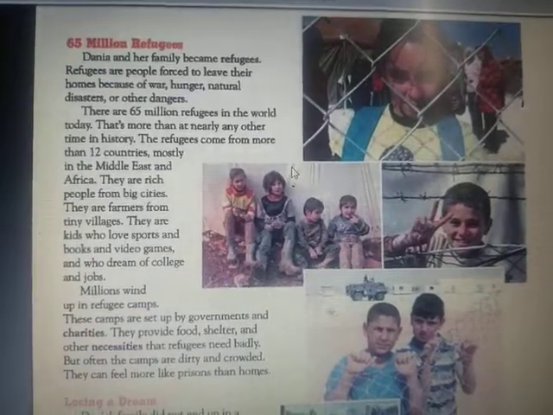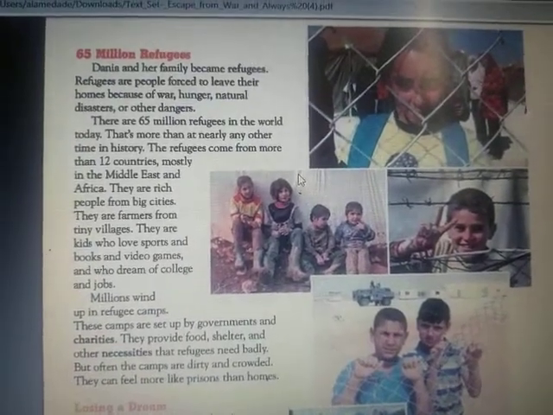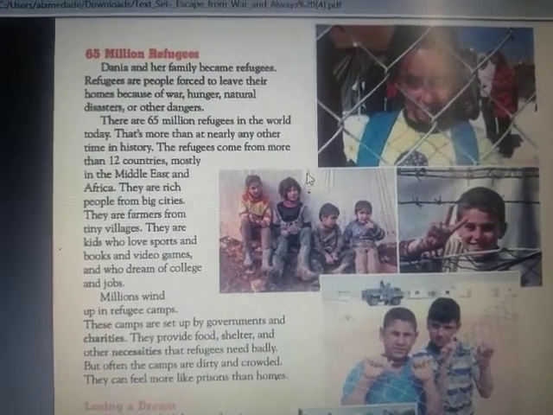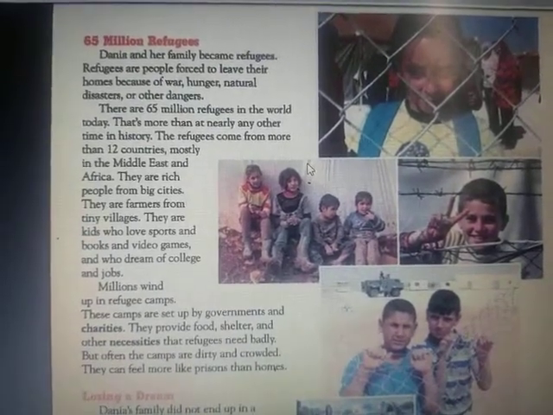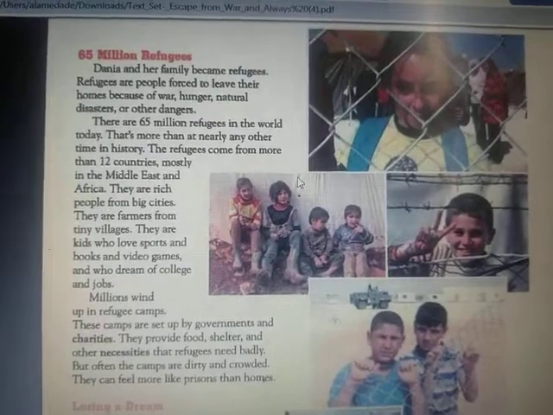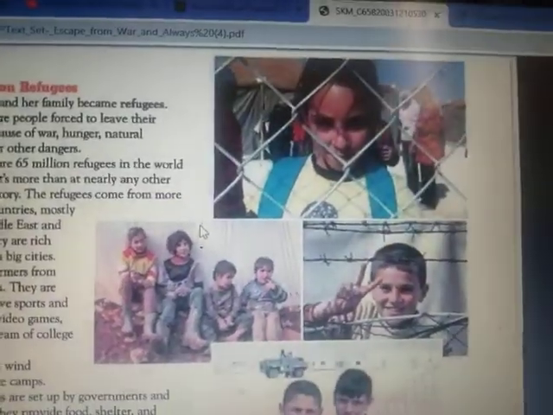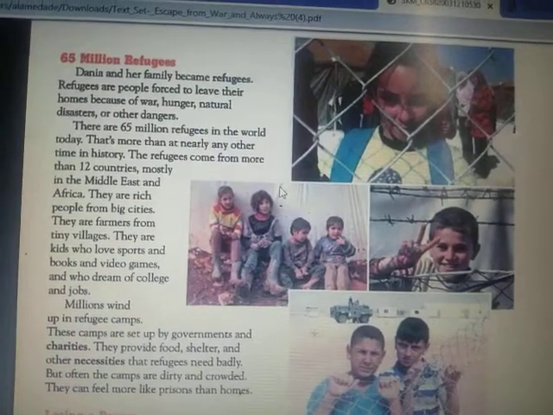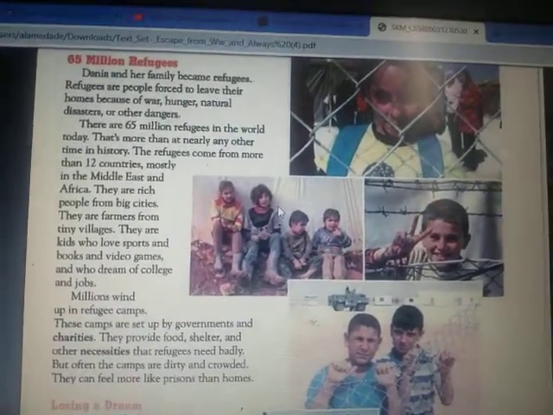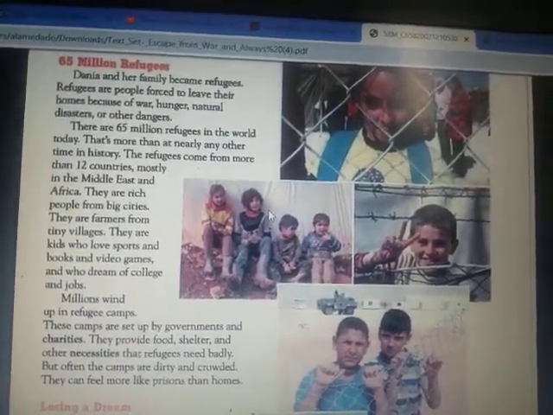So, again, for a homework pass or a treasure box treat, can anybody tell me what a refugee is again? And how many refugees are there in this world? Comment below. Here's some pictures of some of the camps, refugee camps, that they keep these kids and families in during times of war.